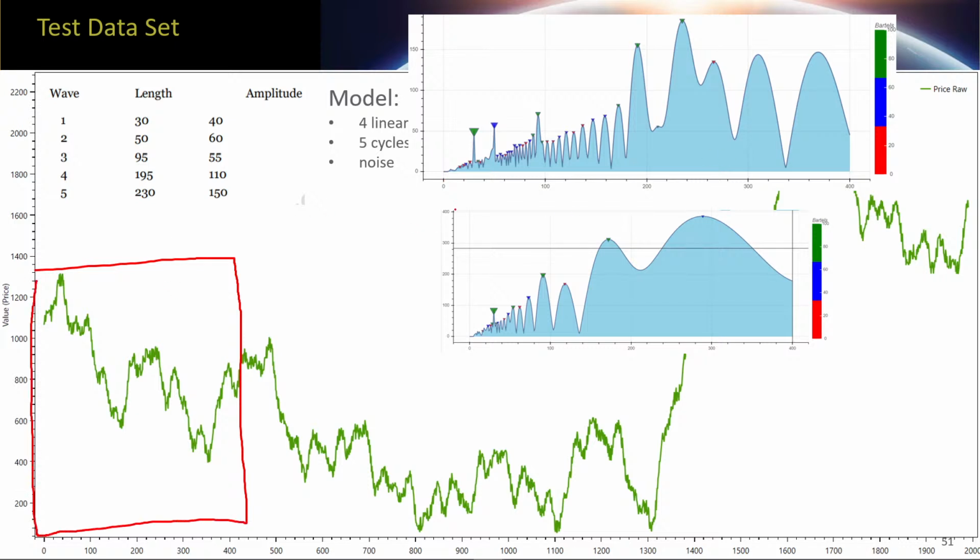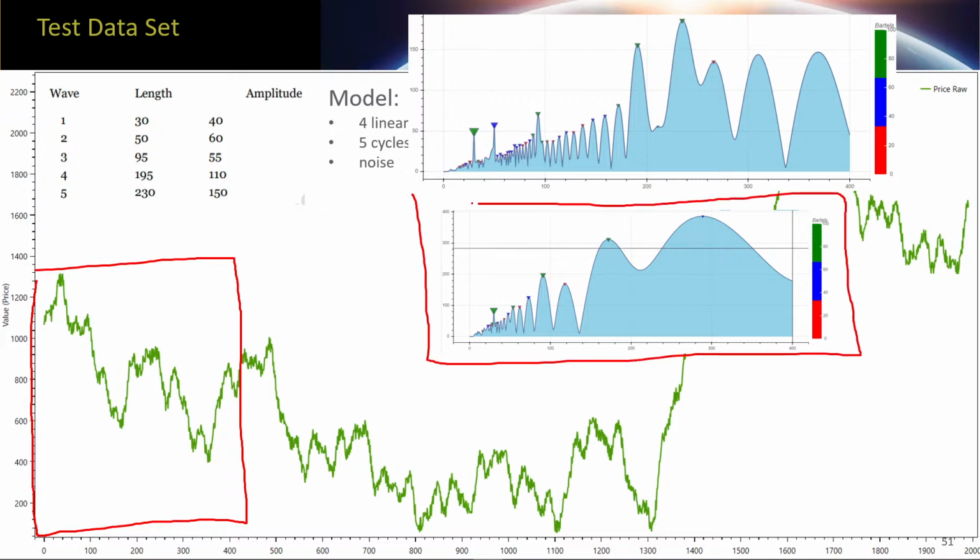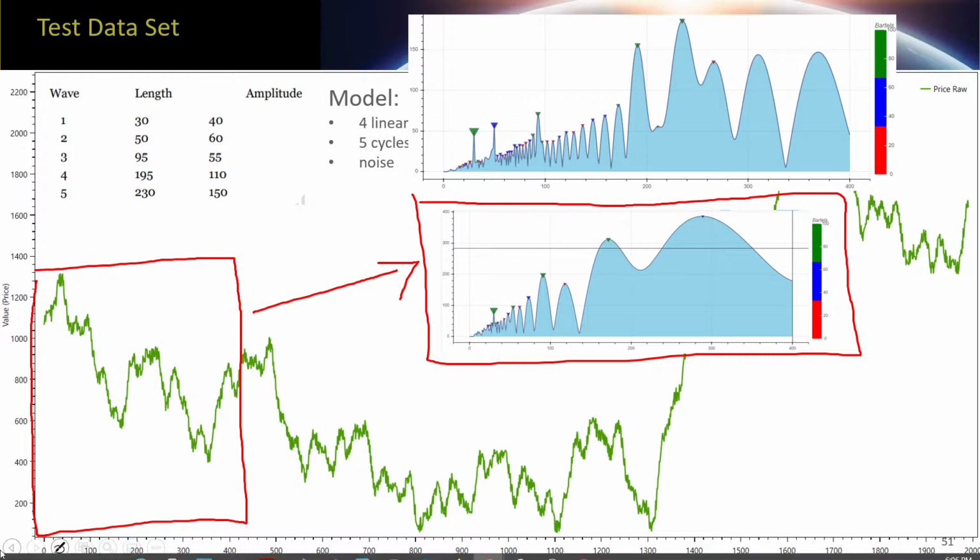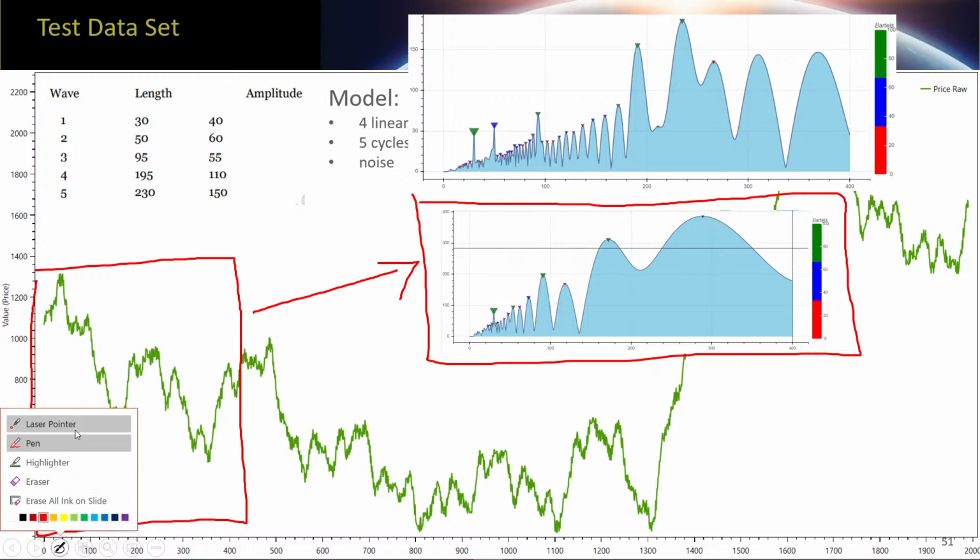And this is the spectrum which results from this time frame. By just analyzing the first portion of this data set, we are not able to detect any of the important cycles.